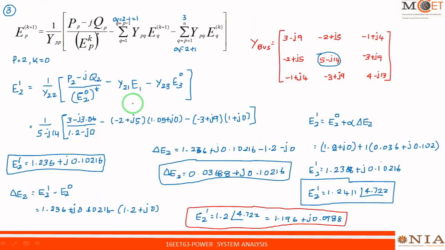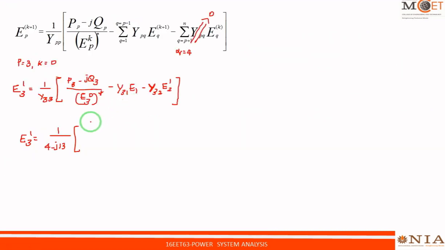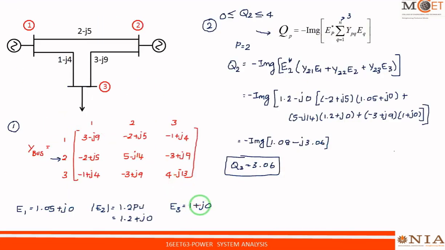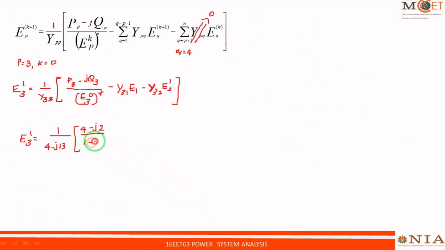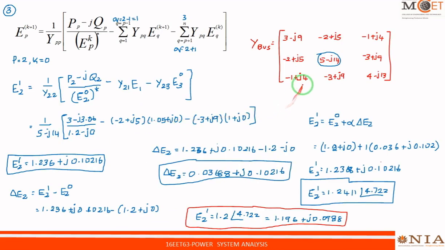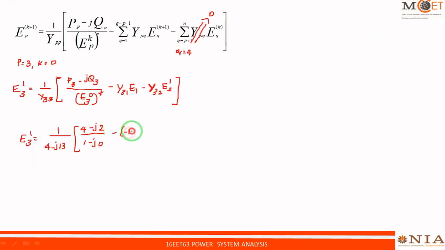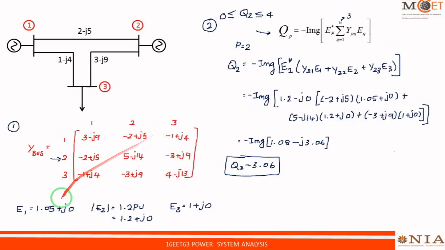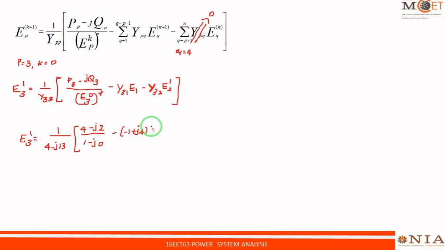So this is 4 minus j2 divided by E3 naught, the previous value of E3, which is 1 plus j0, its conjugate, so 1 minus j0, minus Y31. The Y31 element is minus 1 plus j4, into E1. The E1 magnitude is given in the problem as 1.05 plus j0. So this becomes 1.05 plus j0, into minus Y32.